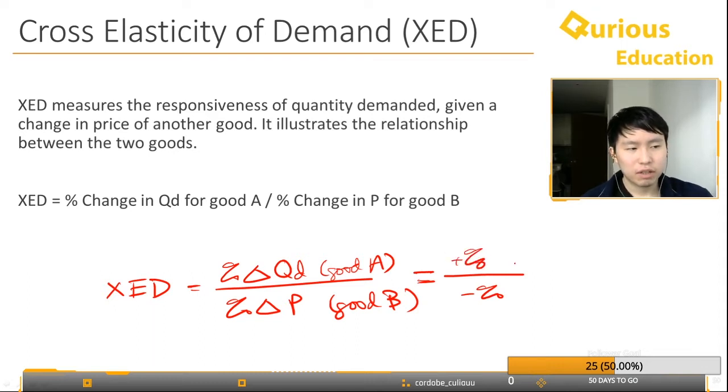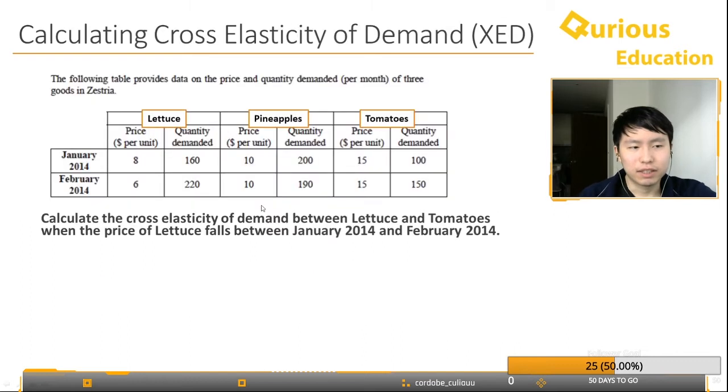So as a result, the overall figure for XED is going to be negative for complements, because a fall in the price of good B would lead to more people buying good B and also more people buying good A. If we put it into this equation, it's always going to end up negative if the two goods are complementary. So let's do an example together.